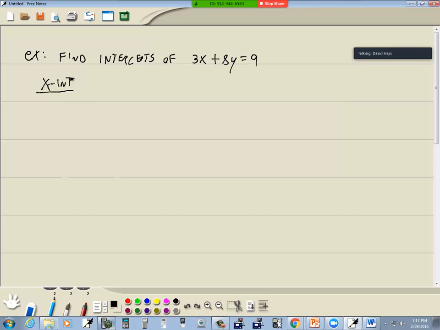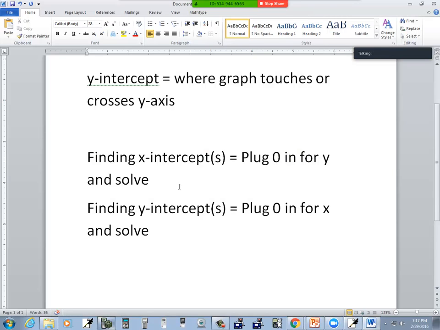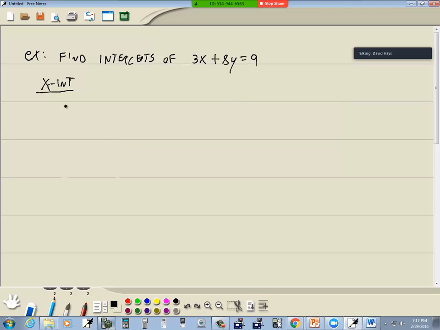Now for our x-intercept. Finding the x-intercept, you plug 0 in for y and solve. So we're going to take our 3x plus 8y equals 9, and we'll put 0 in for y. And then we want to solve. Well, 8 times 0 is 0, so that drops away.